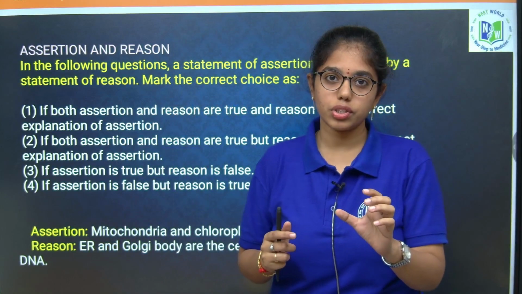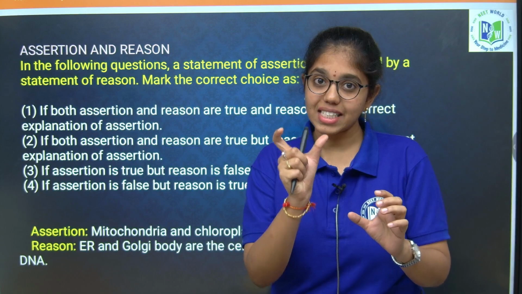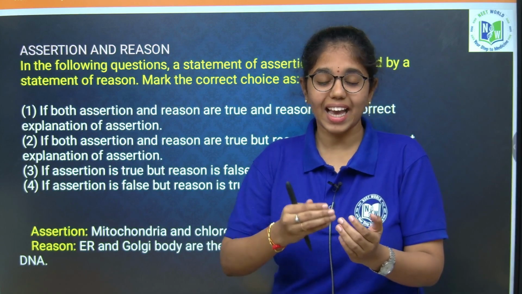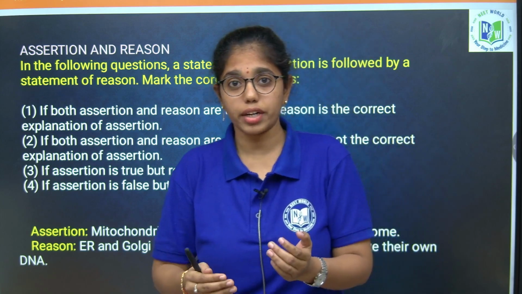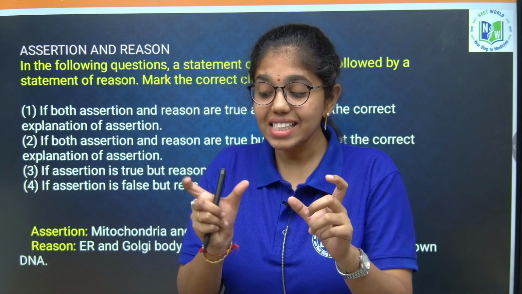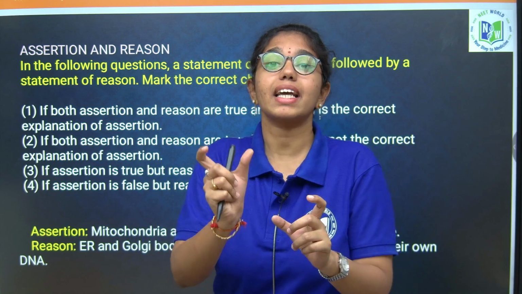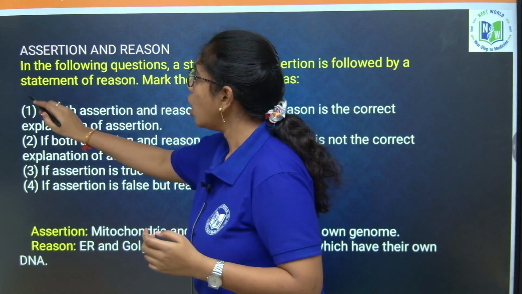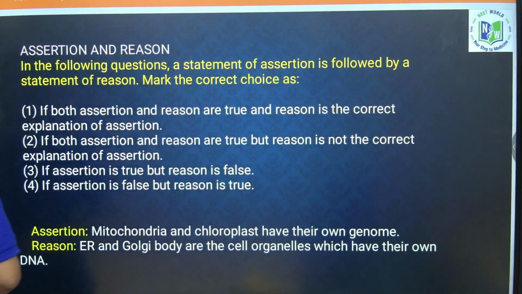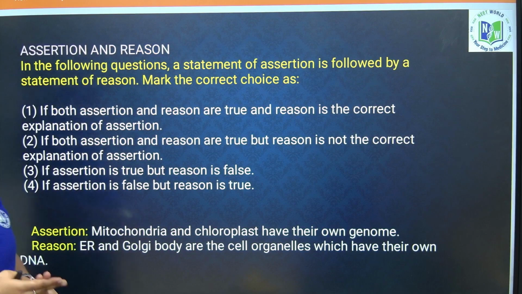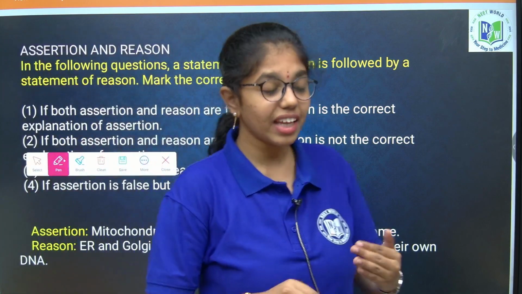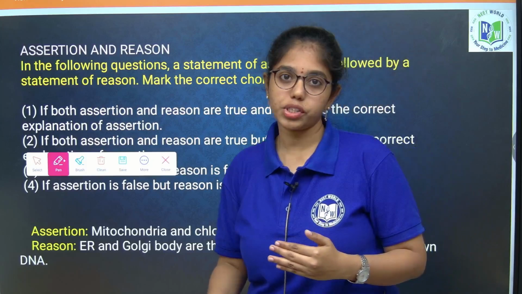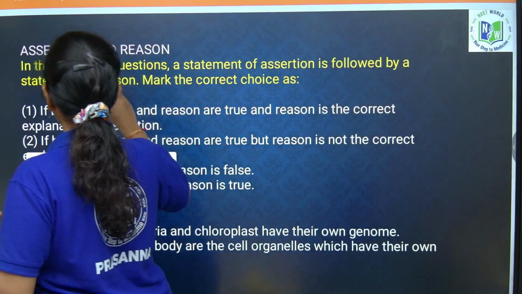What you need to do, children, after reading the assertion statement, is put questions like as, if, because, or what, whether. If the reason matches that explanation, then only go for option 1. If both statements are true but it is not at all explaining in whichever way you read the question, then you have to choose option 2.